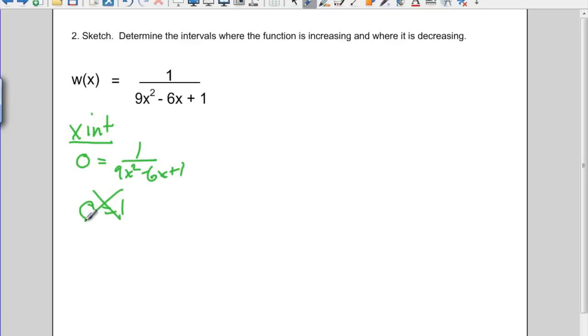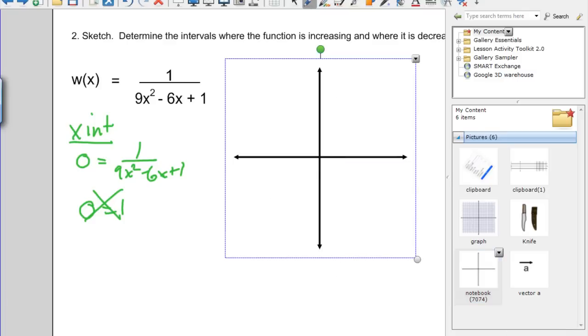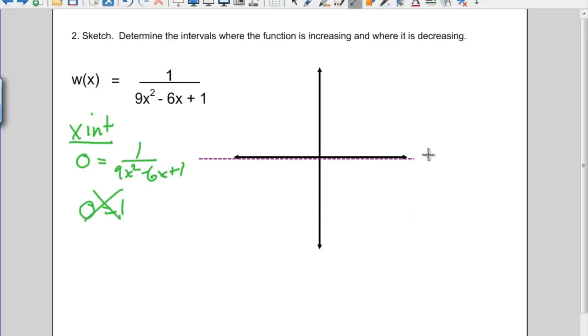So at this point, we've recognized that all reciprocal functions will have a horizontal asymptote located at y equals 0. So let's jot that down. Here we are, and y equals 0.